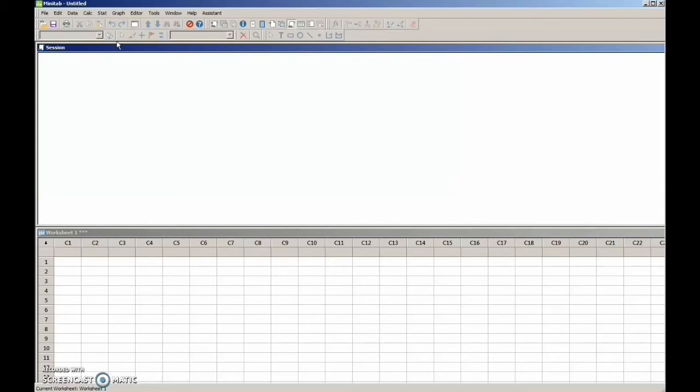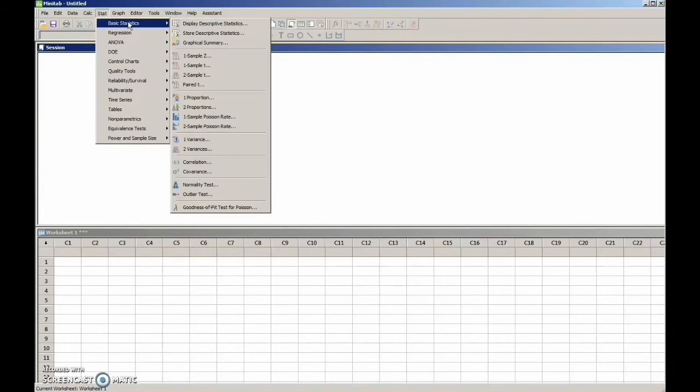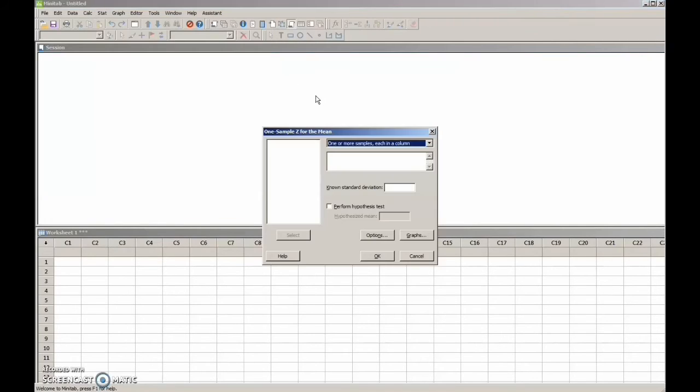What you're going to do next is click on Stat, then hover on Basic Statistics, and click on One Sample Z. From the drop-down list, click on Summarized Data, and in here, you're just going to input the givens from your question: your sample size, which is 41, your sample mean, which is 9.26, and your standard deviation, which is 1.20.